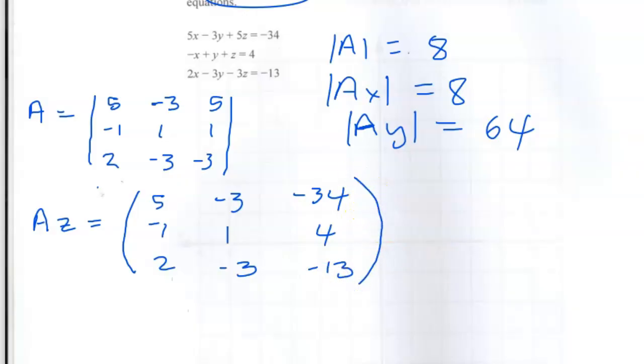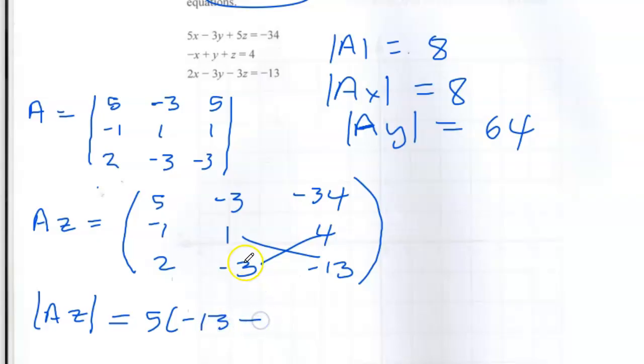And let's find the determinant of the matrix AZ. Same cofactor method, go a little bit faster. So the 5 and the cofactor of 5 would be these numbers. Cross multiply and subtract, so that's negative 13, take away negative 3 times 4. So it's negative 13, take away negative 12.